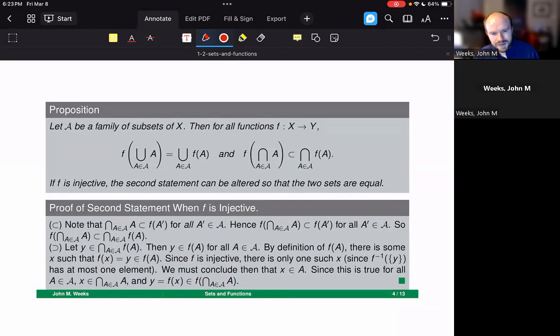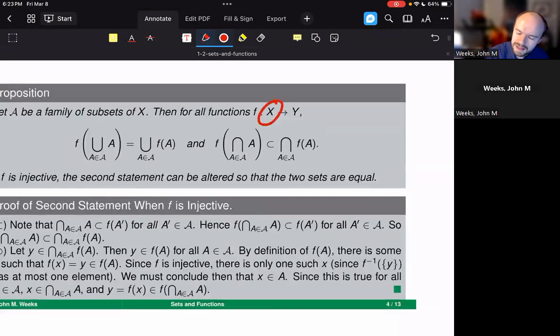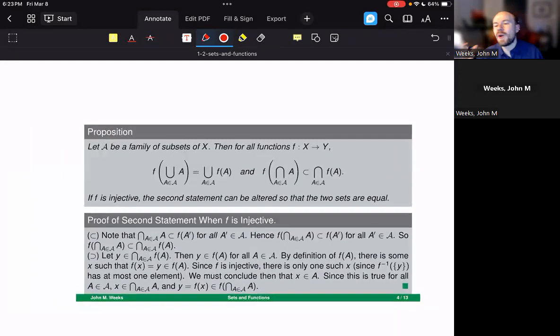Let's start here with a family of subsets, now a subset in X, so that's in our domain here. Then for all functions F going from our domain to our codomain Y, then the image of the union is the union of the image sets of each individual set in your arbitrary collection. However, you only get a subset relationship whenever you're looking at intersections.